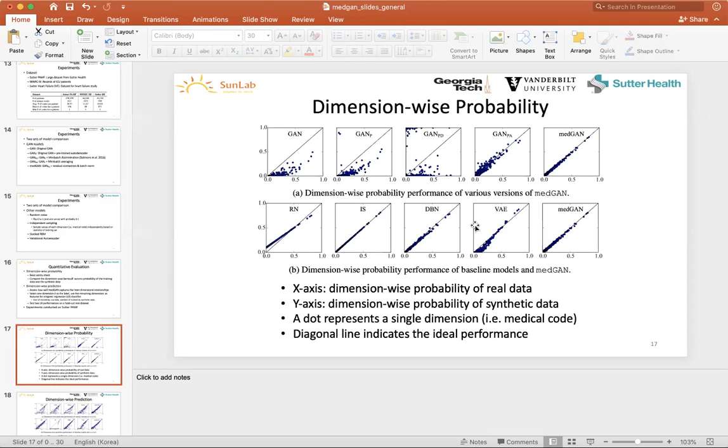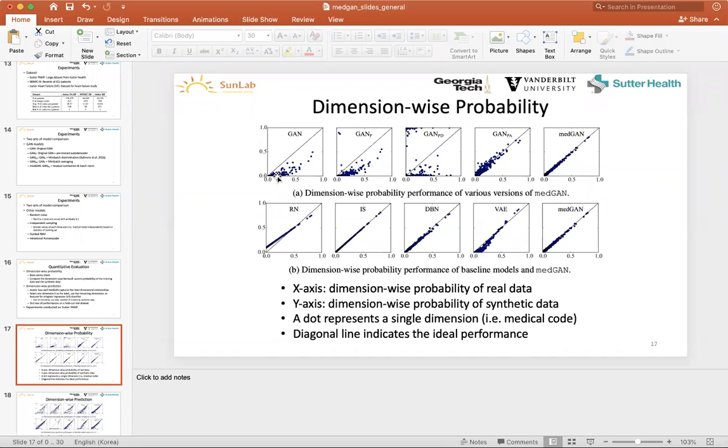So this axis is the occurrence probability from the real data, because not all columns, not all features would have the same occurrence probability. Some features would have like a 10% chance of occurring. Some column would have like a 99% chance of occurring.